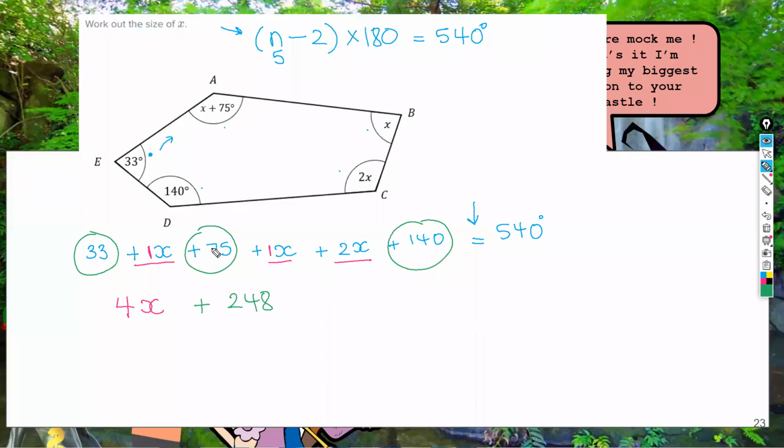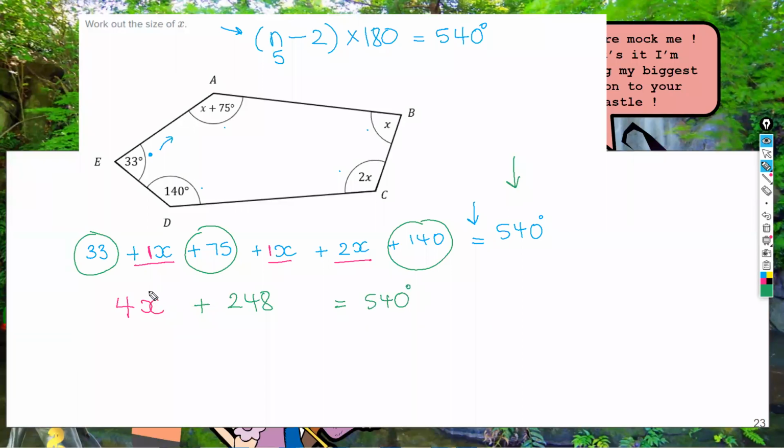So this side looks scary, but when we combine all the X's and combine all the non-X's, look what we get, something that doesn't look too scary. And this is supposed to be equal to 540 degrees.